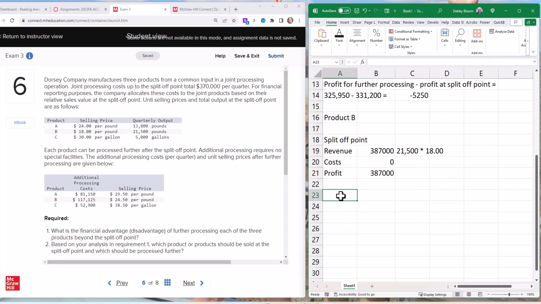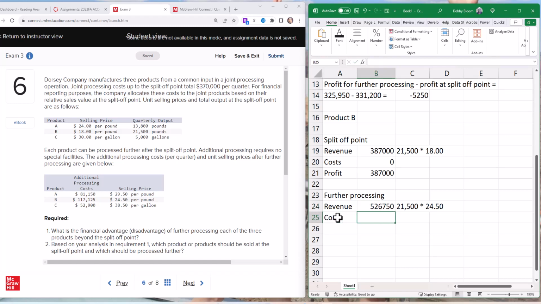Now let's take a look at further processing. So for further processing, we can see from the additional processing that now we would have 21,500 pounds, but they would sell at the further processing point of $24.50. And now we have additional processing costs.